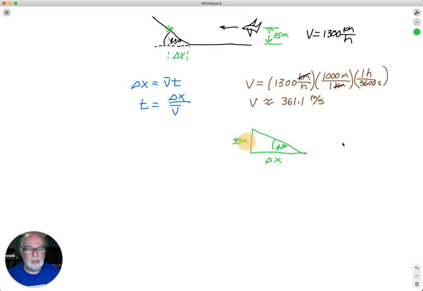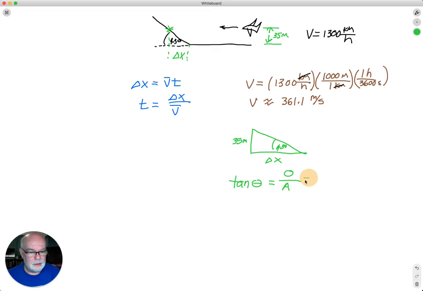And if I'm looking to solve this for delta x, I'm probably going to have to do some triangle geometry or use a trig function. So you might recall from your math class, and if you don't, now's the time to recall that the tangent of some angle is equal to the opposite side, which would be this side, there's the angle, divided by the adjacent side.